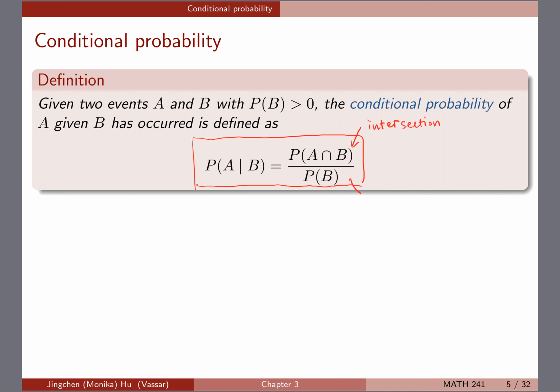In the denominator, that's just the probability of event B, and because it's in the denominator, you notice why we need to have this requirement. So in short, the conditional probability of A given B is the ratio of the probability of A and B over the probability of B.